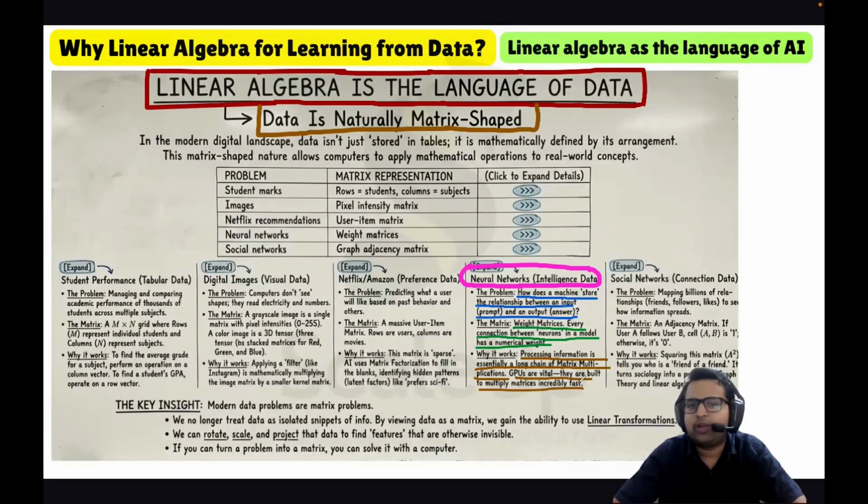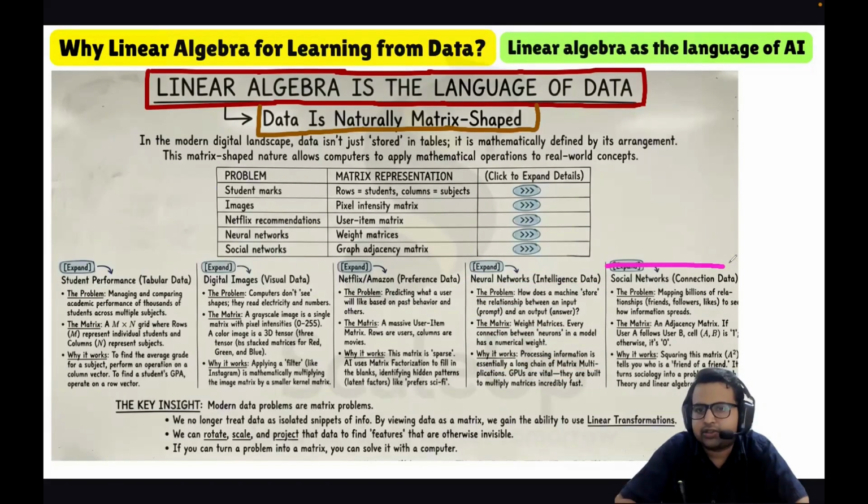And this is the reason that in deep learning, or deep neural networks, the weight matrix can be very big, but with a GPU we can carry out billions of simultaneous operations. And this is where linear algebra is playing the role in neural networks.